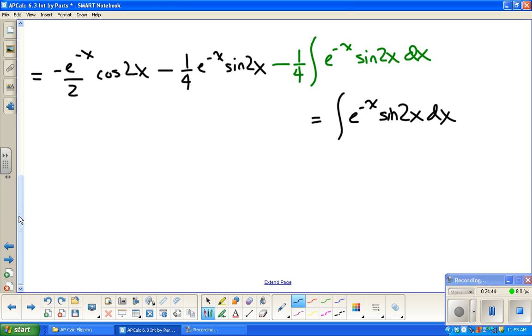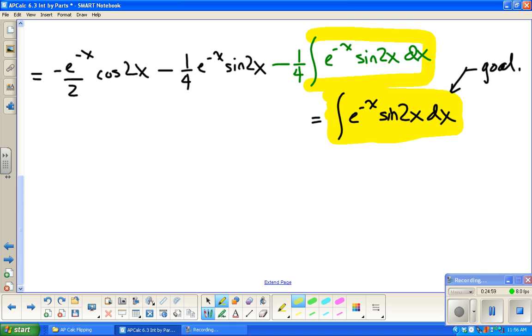We're trying to find this. Okay, this is our goal. Now, what I need you to see is that this thing is the same as this thing. And they're on opposite sides of an equal sign.